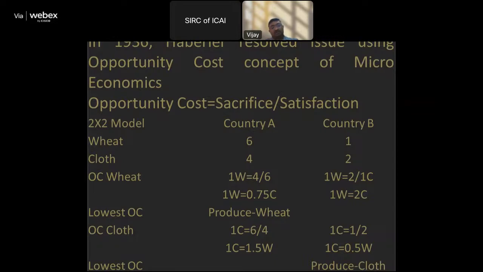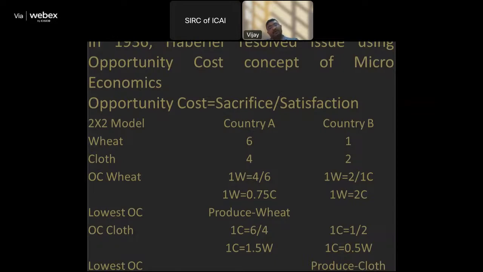Now come to cloth. Opportunity cost of cloth. For 1 unit of cloth, okay, I need to sacrifice 1.5 wheat. For same 1 unit of cloth, in case of country B, the sacrifice will be 0.5 unit of wheat.